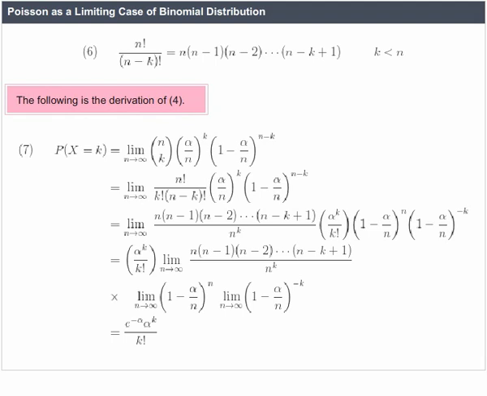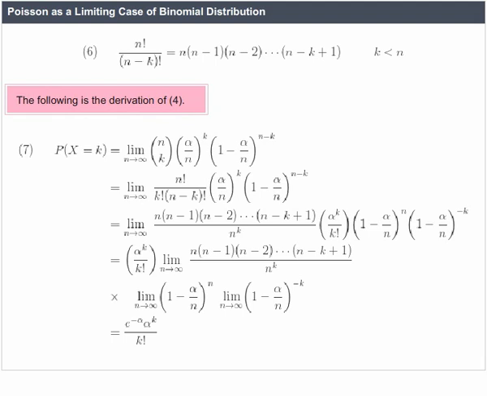Limit n tends to infinity n into n minus 1 into n minus 2, etc., n minus k plus 1 divided by n power k, into limit n tends to infinity 1 minus alpha by n whole power n, into limit n tends to infinity 1 minus alpha by n whole power minus k, equal to e power minus alpha, alpha power k divided by k factorial.